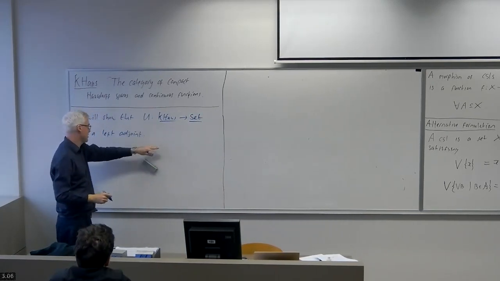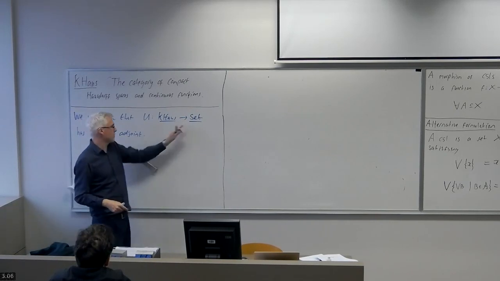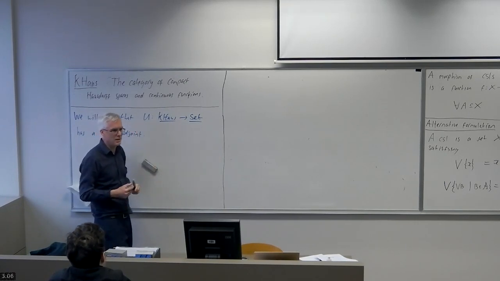So for any set, you can find a free compact Hausdorff space over the set. You can't use the discrete topology anymore because if you've got an infinite set, the discrete topology is not going to be compact.